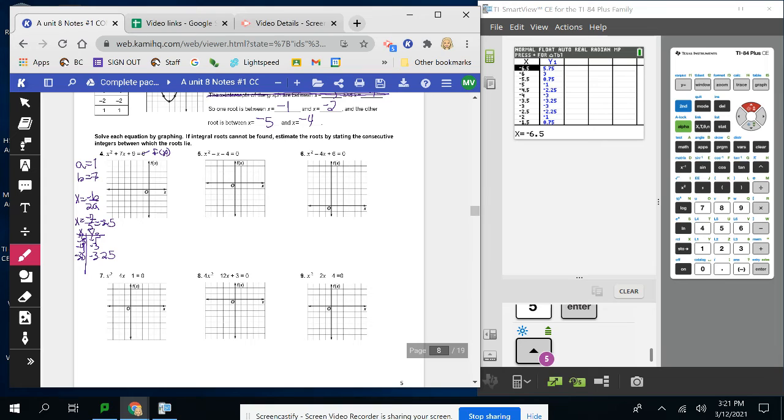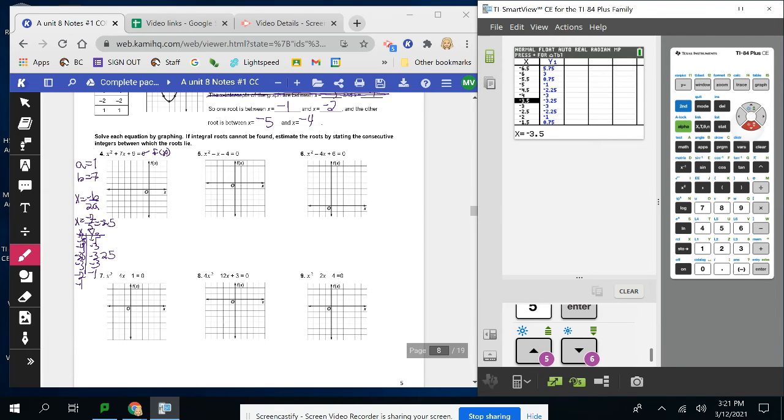I then look, see what happens down at the other end. So negative 3 is negative 3. Negative 2 is negative 1. Negative 1 is 3. So I plot those. So negative 6 is 3.